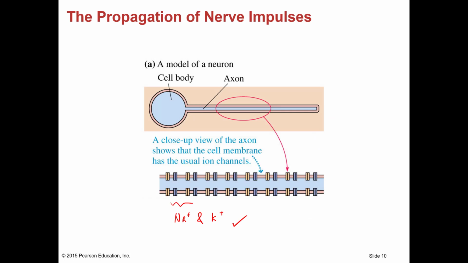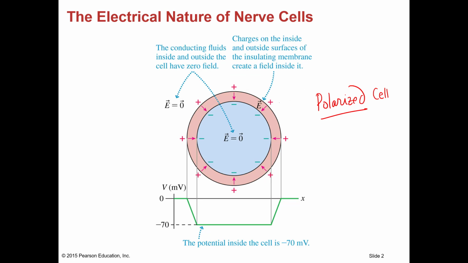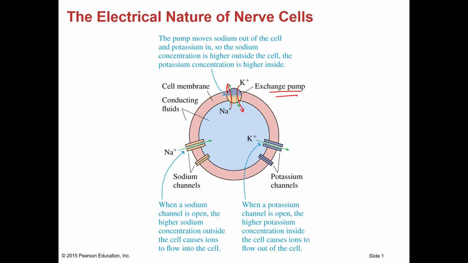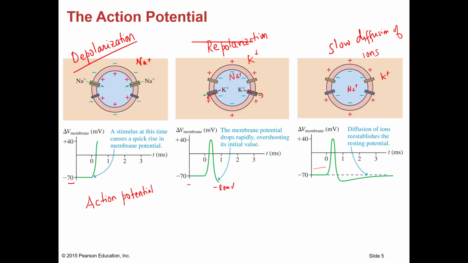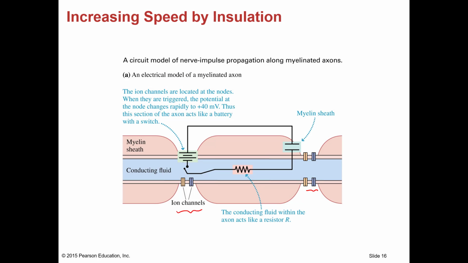That's what we saw here, right? In the very first picture, these channels and the pump cause the separation of the charge. This delta V comes from exchange of the charge through these channels. That means these channels are the source of potential difference.